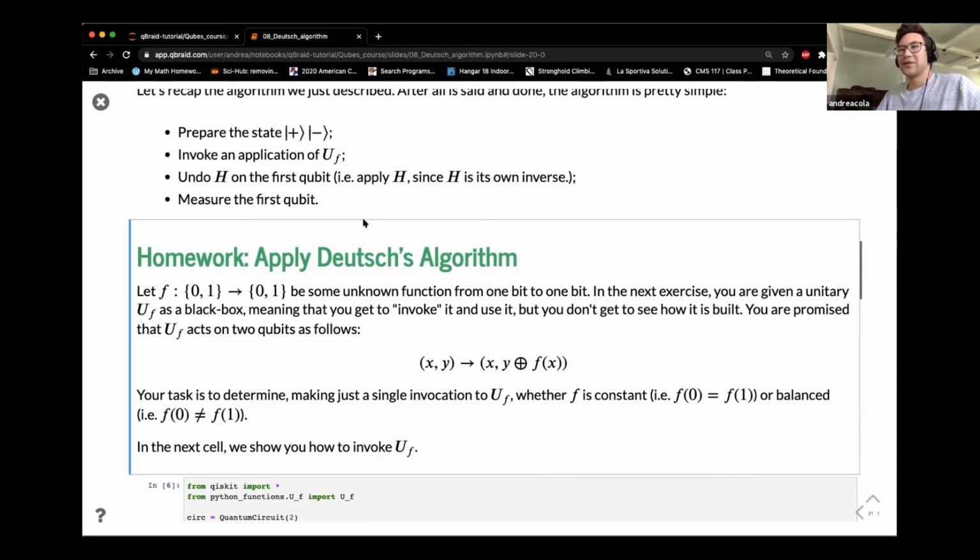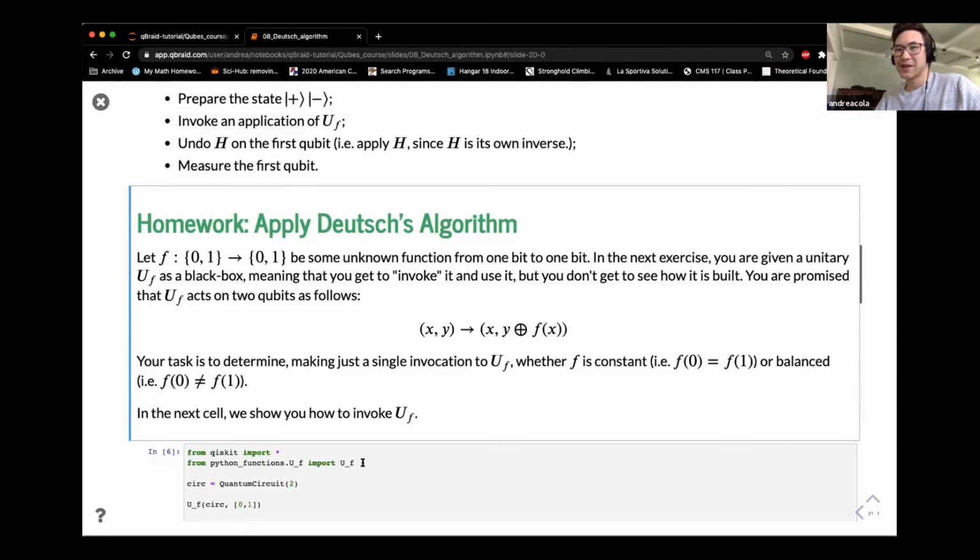You will be given access to a black box unitary, u sub f, meaning you get to invoke it and use it, but you don't get to see its code, how it's built. You can basically import it, as you can see here in the code cell, from some folders that you don't get to see.